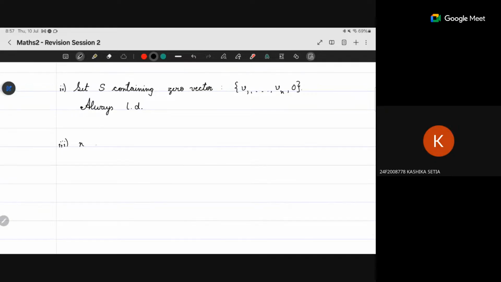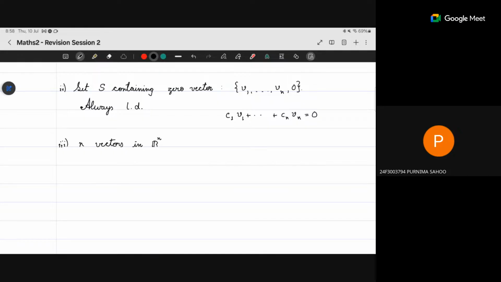Next, we have n vectors. Could you explain what you mean by the trivial solution and non-trivial solution? When I'm writing a linear combination and equating it to 0, this is the check for linear dependence or independence. If I have n vectors and I want to check if they are linearly dependent or independent, the fundamental definition is that you set up this linear combination equal to 0 and see if it has non-trivial solutions.